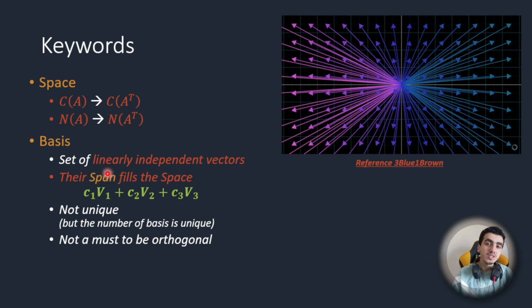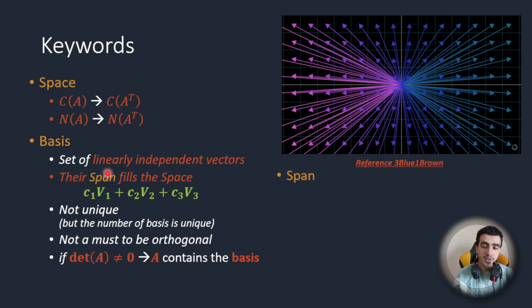Also, to check whether these three vectors are linearly independent, or whether they are the basis, I can put them inside a matrix and apply a function called the determinant. If the determinant is 0, then one of these vectors is dependent on the others. But if it is not 0, these vectors are all linearly independent. They are all the basis of this space. Okay.